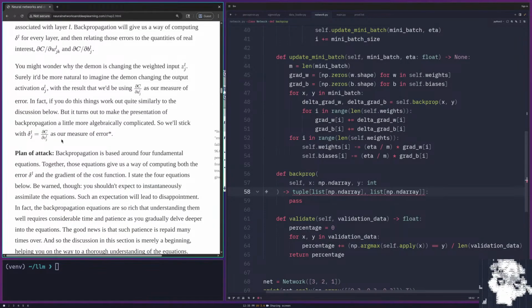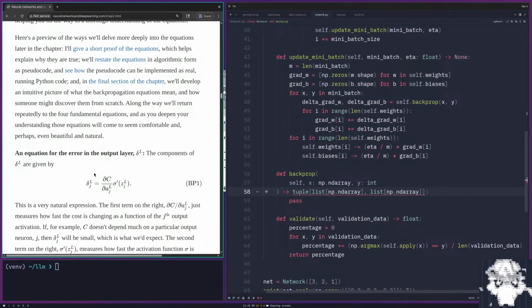Yeah, with respect to Z. So we're saying derivative of C with respect to Z is equal to... okay, I guess I am a little confused about this.